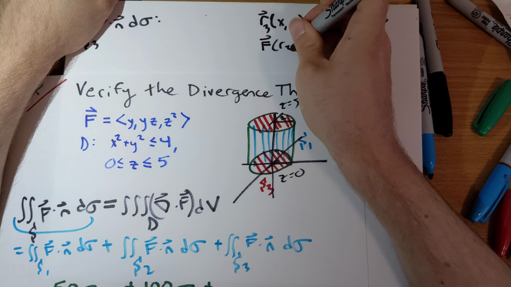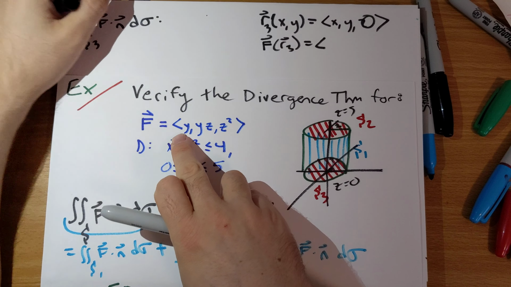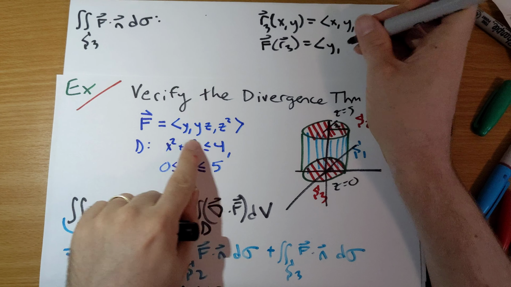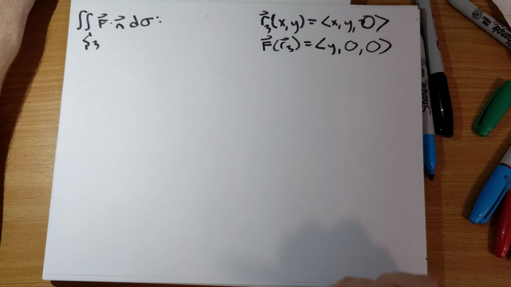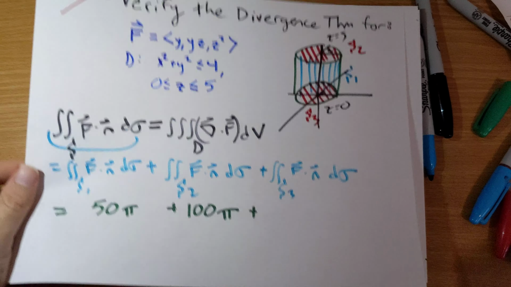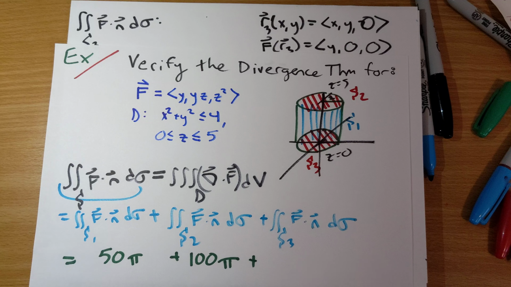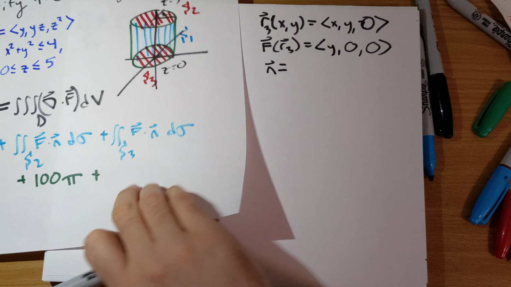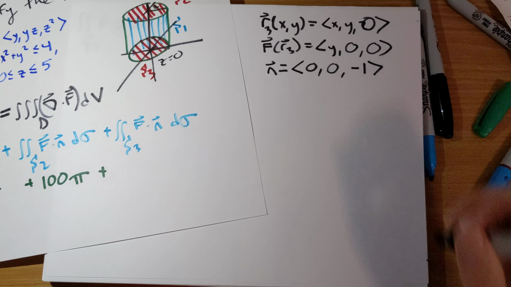So F of R3 is going to equal, just replace z with 0, y times 0, 0, 0 squared is 0. So this is F of R3 here. The normal vector is, we need to make sure this is pointing outwards, so this is pointing straight down. And so our normal vector is 0, 0, negative 1.